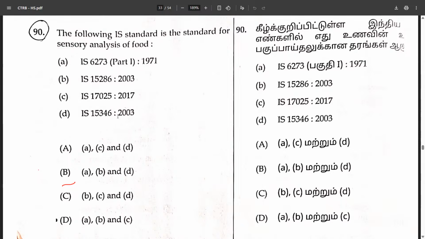We know IS 6273 part 1 provides general guidance on the methodology of sensory analysis. Then we have IS 15286, a general guideline for the testing room for sensory analysis, and IS 17025 is an international standard which outlines general requirements of testing laboratories. So D is nothing. We'll simply eliminate that.